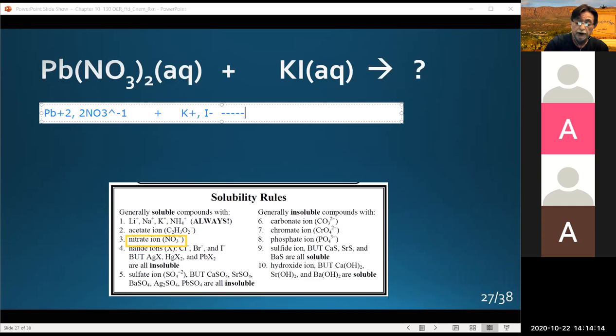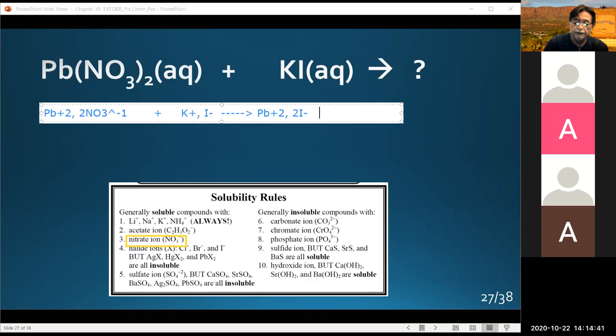And what we're doing here, we're exchanging partners. So the lead now bonds with the iodide, and we're still using lead 2. Nothing's changed there. But we're going to bond it with iodide, which has a -1, but we need 2 of them, correct? Everybody see that?